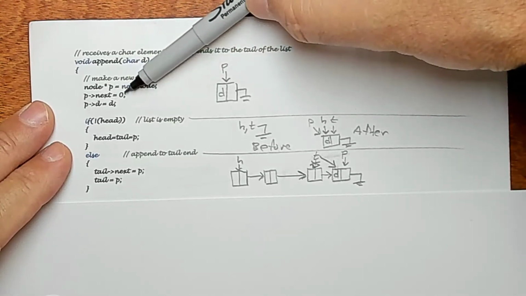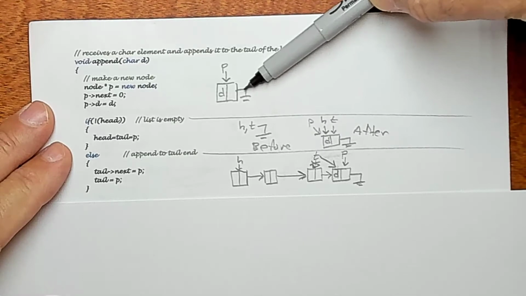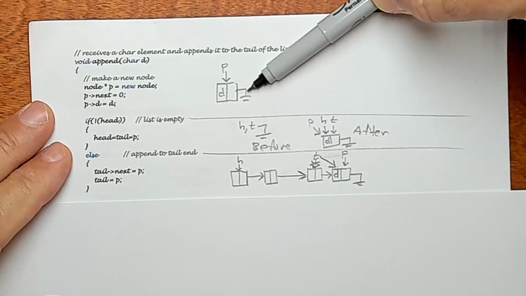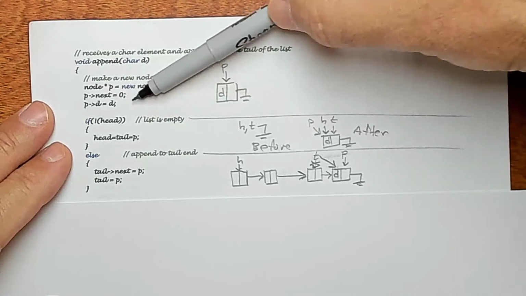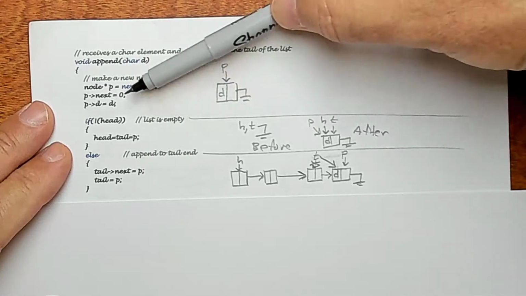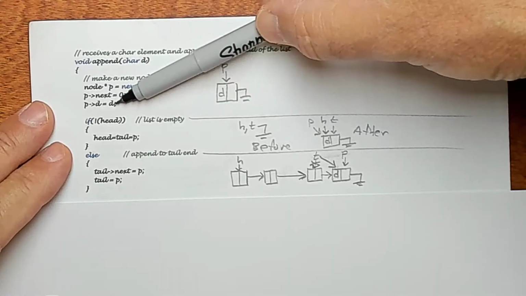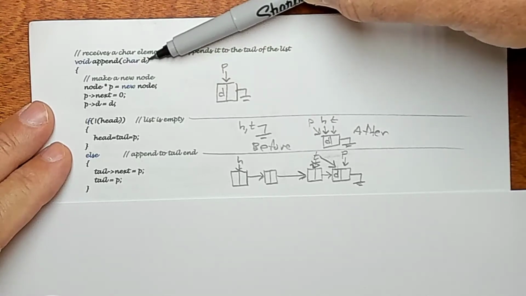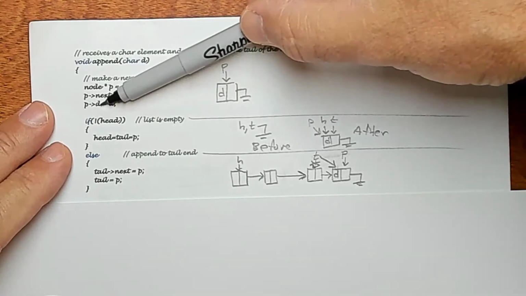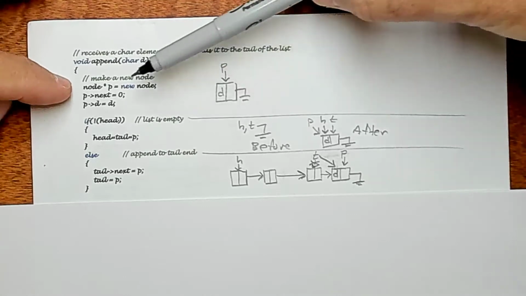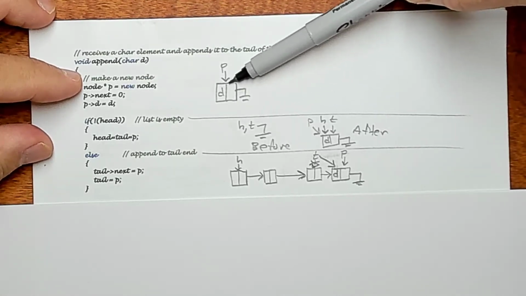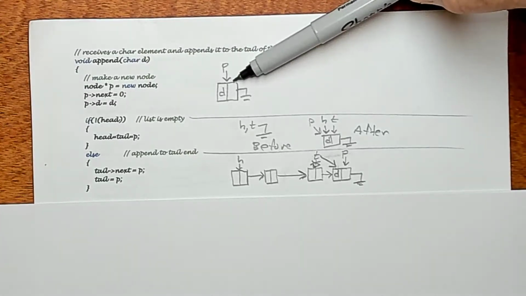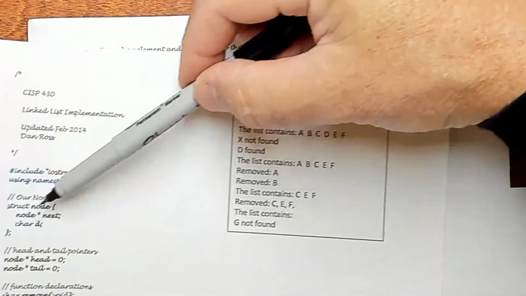Okay, then you need to tie up the loose end here. That is, you need to make the next pointer point to 0. Even though you're going to change that later, it's just being tidy, really. And then here we're putting the data element D that's passed into this node. If you haven't used pointers with structures, remember this is a little structure right here.